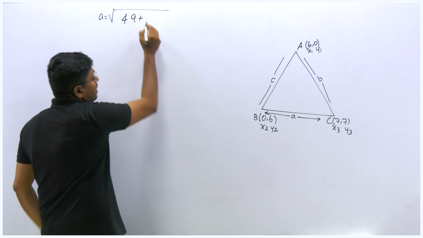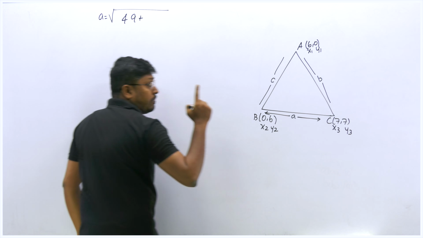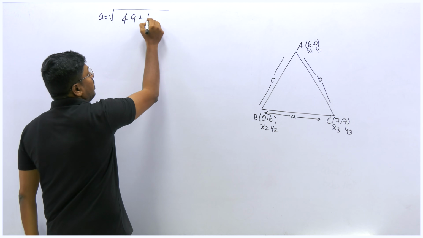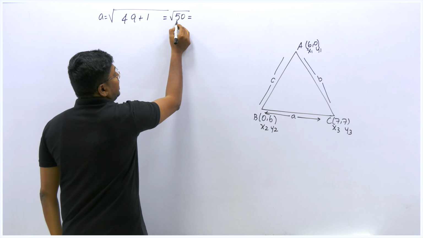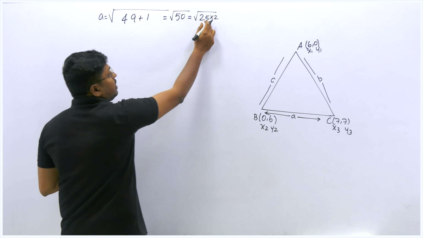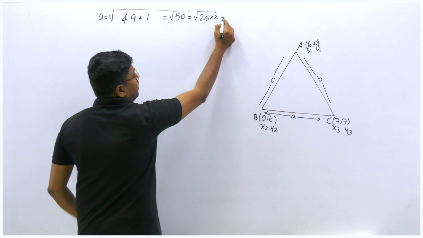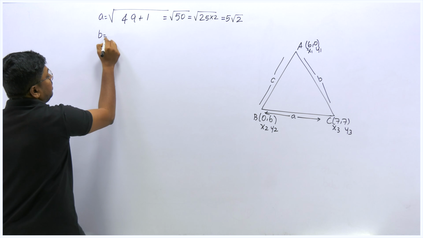What about the second value? 7 minus 6 is 1, 1 square is 1, so 49 plus 1 will be square root of 50. You can even simplify it further. 50 can be written as 25 into 2. Square root of 25 is 5, so 5 root 2. Finally, we can say that the value of a will be 5 root 2.